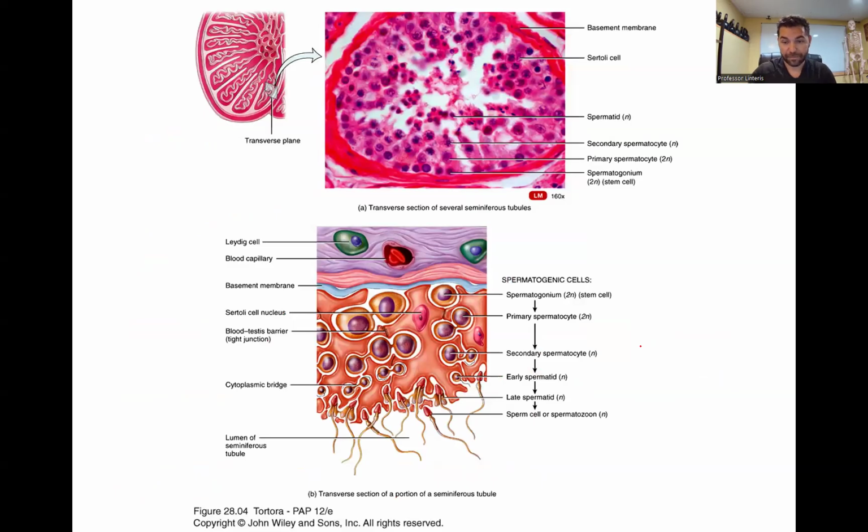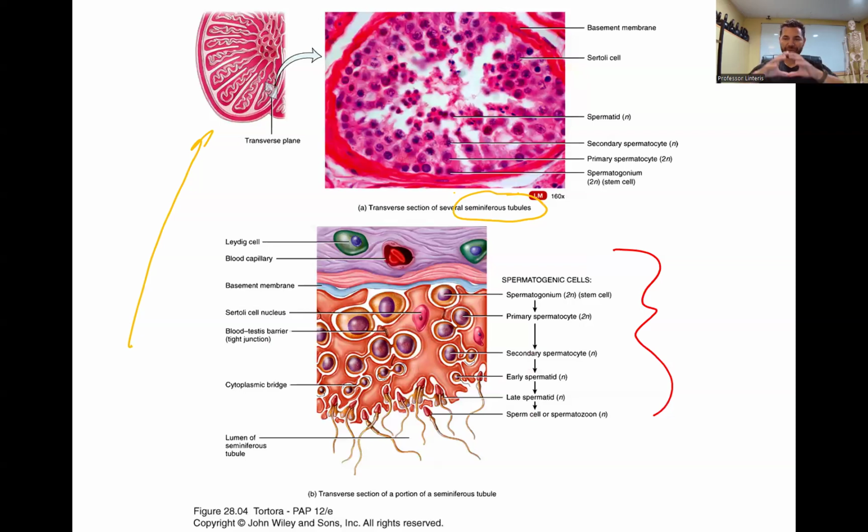This is another image where we're taking a look at it. The key thing here that you will see is that it happens in the testes. So in the testes, we have these little squiggly tubes called seminiferous tubules. We can see that term here.